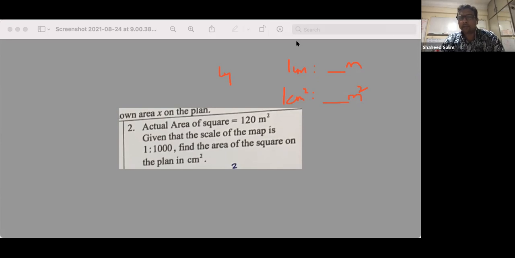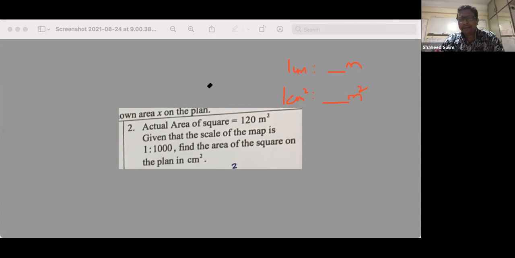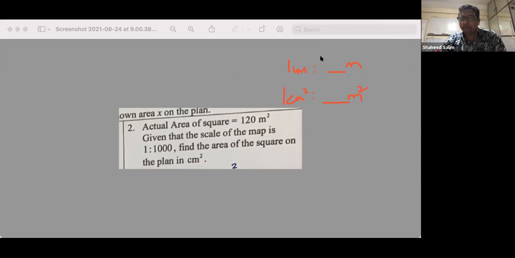Okay, 1 cm to how many meters? Don't look at notes. Look at my computer. Okay. Down here, 10 meters. 10 meters, good. And then square both. 1 square cm, 100.